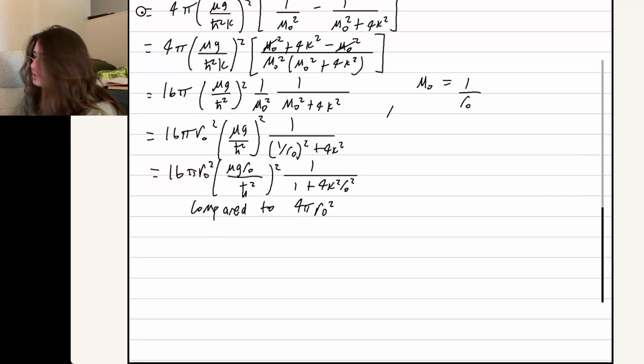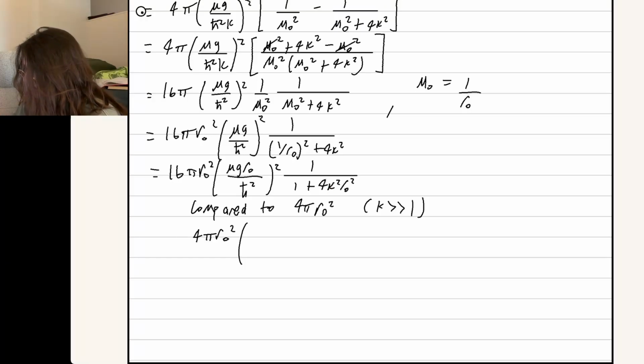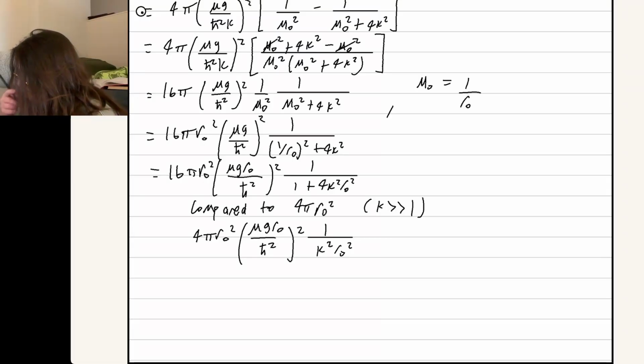If we happen to be in the limit of large k, so particle moving kind of fast, so I'm going to say for k much larger than 1, we have 4 pi r naught squared, just treating this as really large, all over h bar squared, all squared, and then over k squared r naught squared, and then the r naught here will cancel out the r naught there, and so we just get 4 pi r naught squared times mu g over h bar squared k all squared.